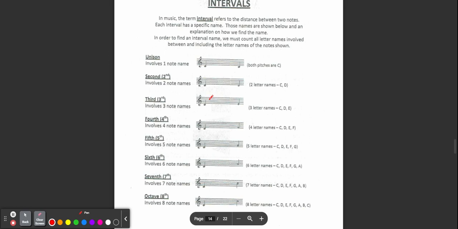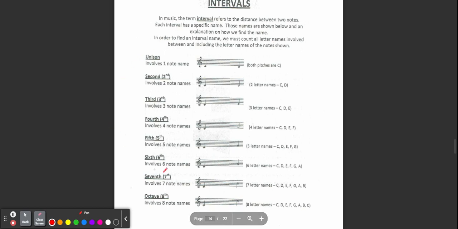C, D, major second, and then C, E, major third, C, F, perfect fourth, C, G, perfect fifth, C, A, major sixth, C, B, major seventh, C, perfect octave. And those are all the intervals on this page.